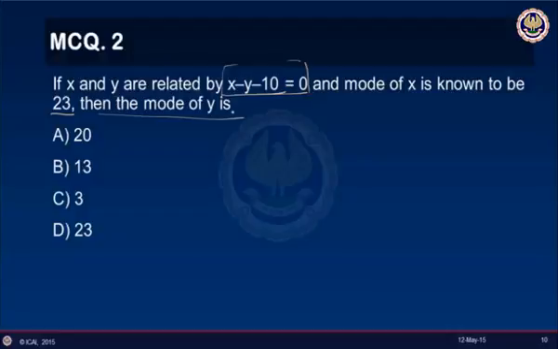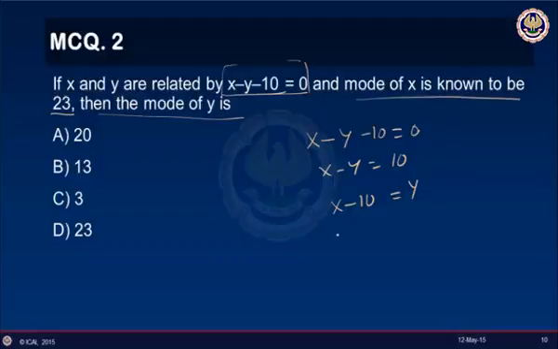Now look at the data. x minus y equals 10, so x minus 10 equals y. The mode of x is given as 23. Then to find the mode of y: 23 minus 10 equals y, so y equals 13.